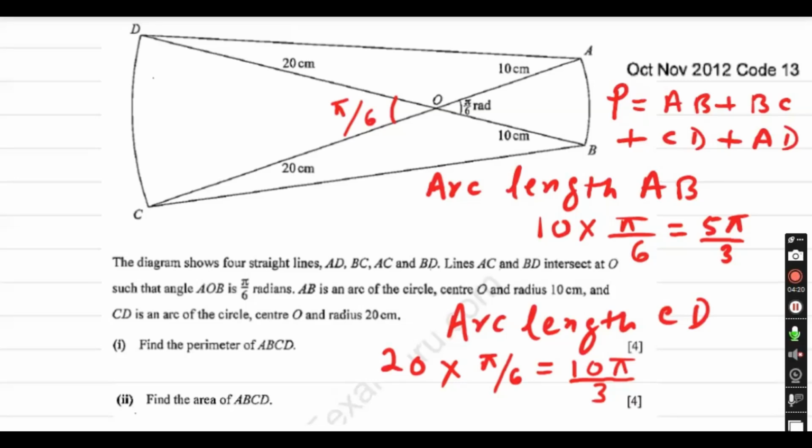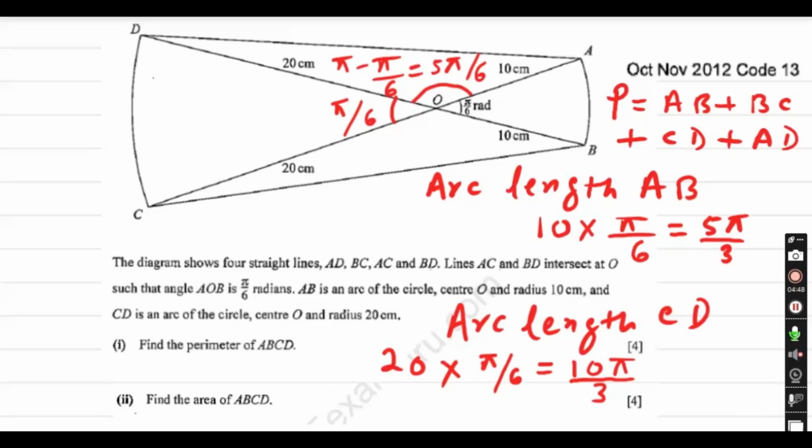How to find angle AOD? You know, the total angle on a straight line is pi. So angle AOD must be pi minus pi by 6, so it is 5 pi by 6.